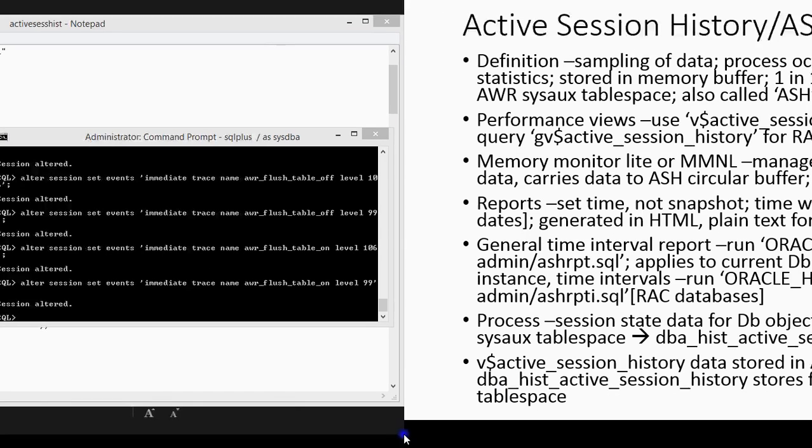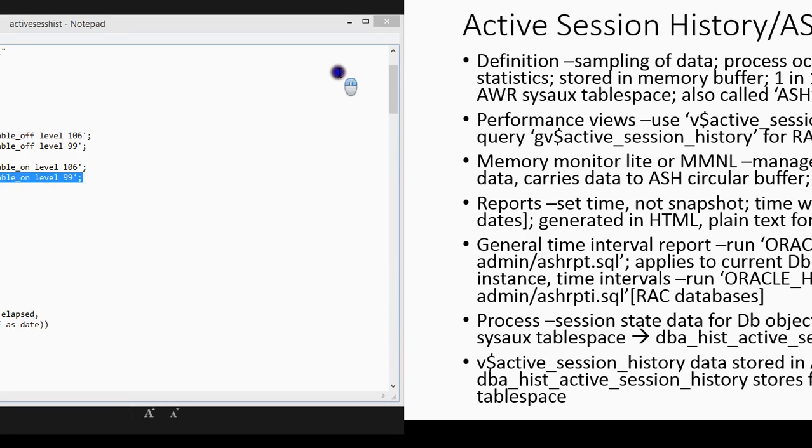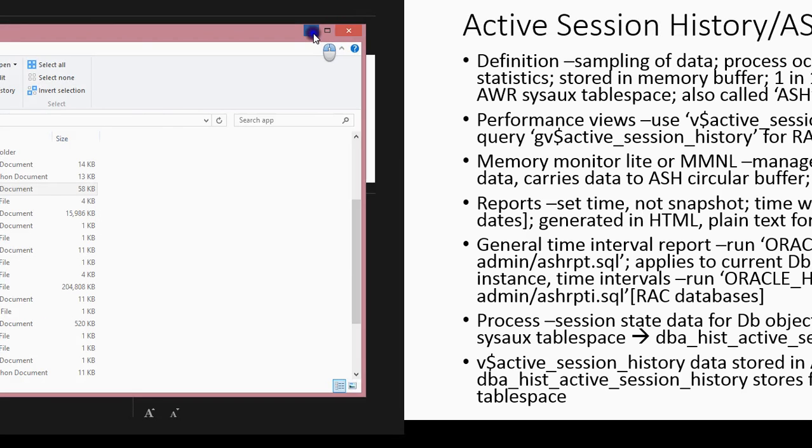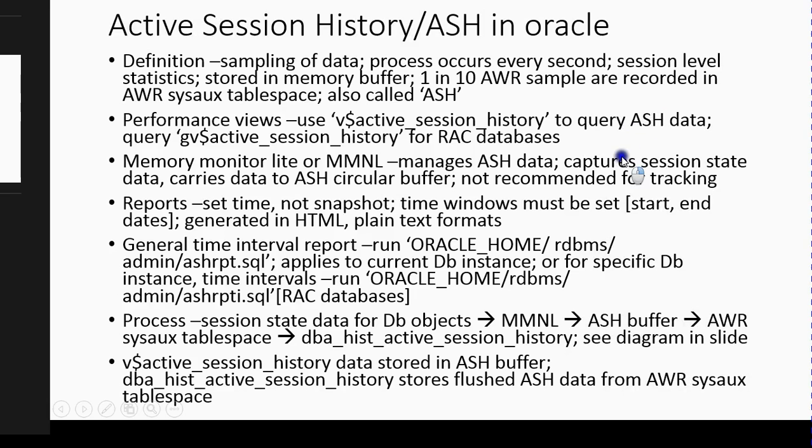So it's stored in the memory buffer. In terms of how ASH is written, ASH is ultimately a part of AWR, so ASH data is also written to the Automatic Workload Repository.